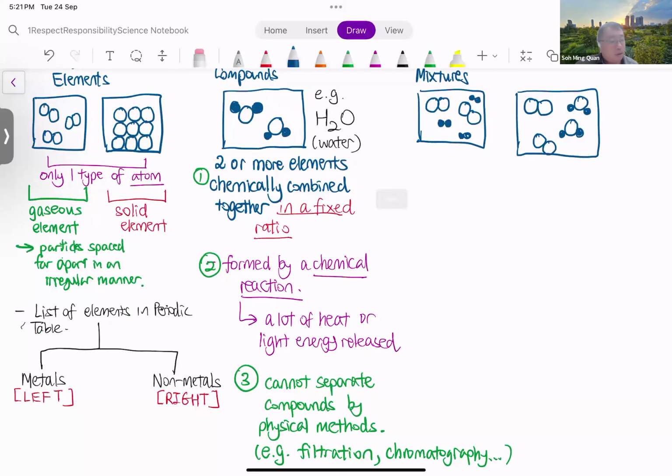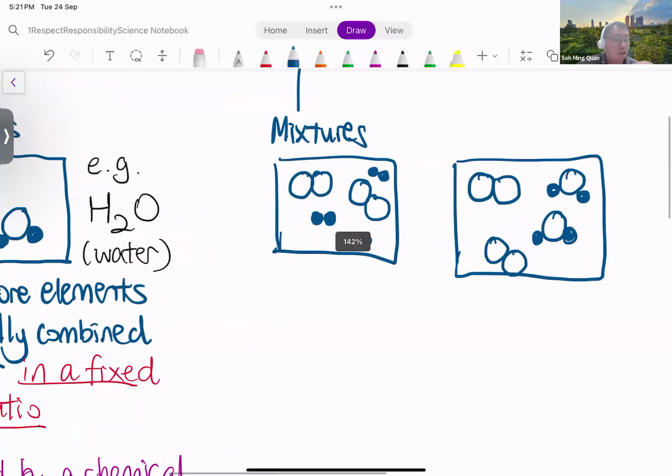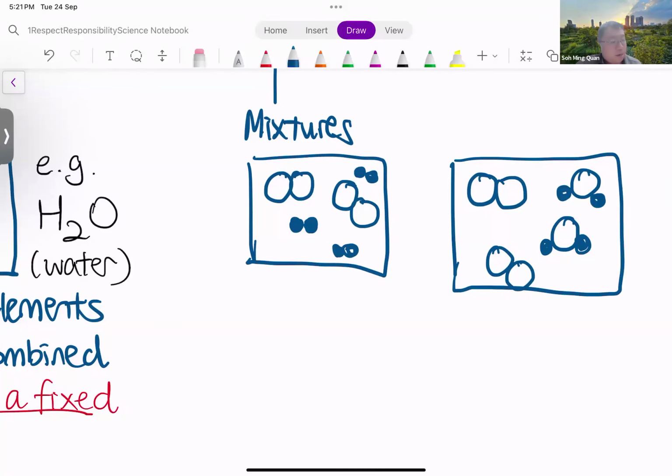Now, importantly, if we zoom into these two different types of mixtures, you need to know how to analyze them. The way to analyze them is to put a box around every single type of combination that you see. So in the first box, I have two white circles combined together.